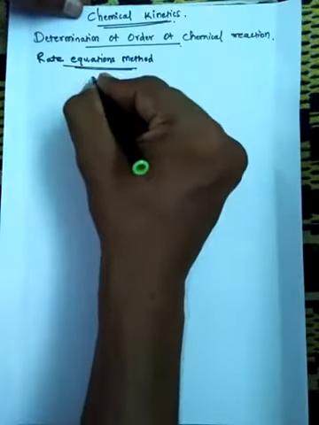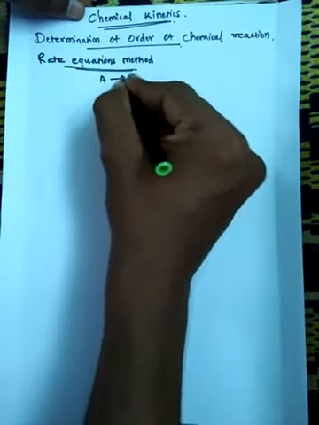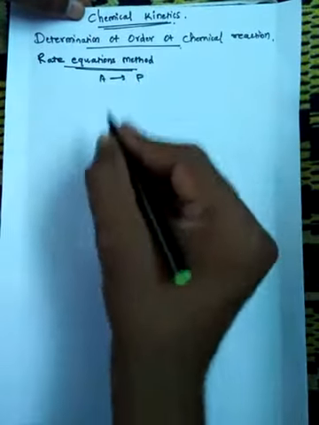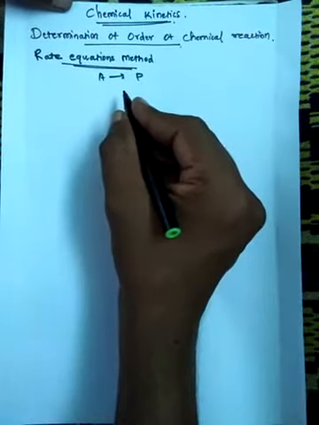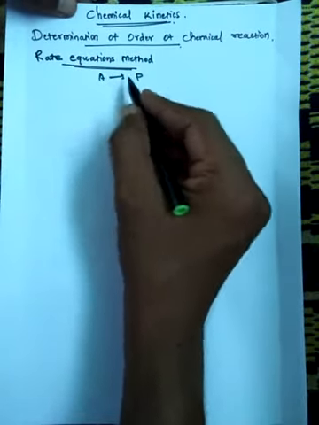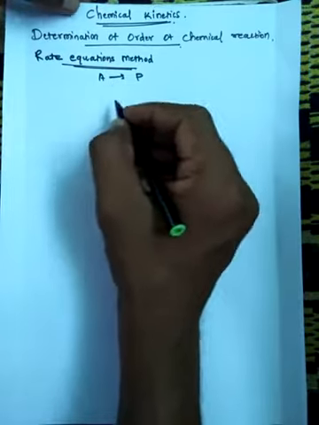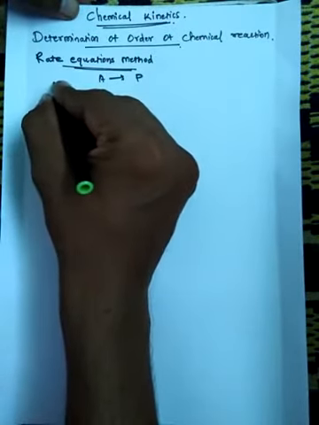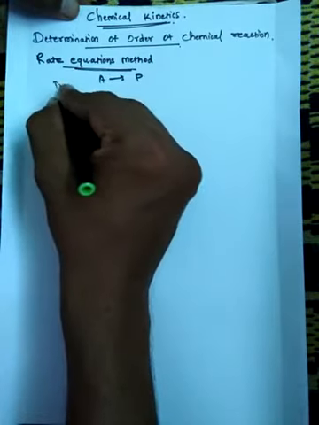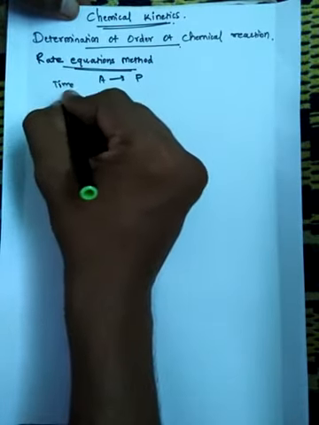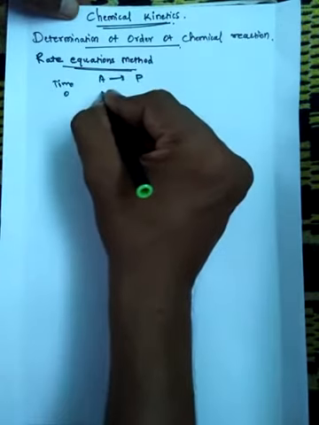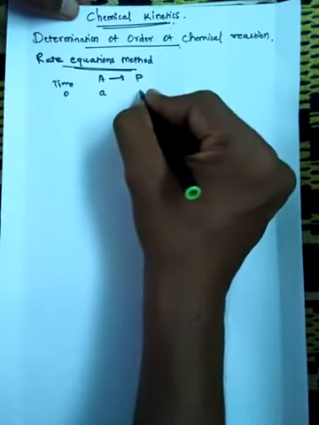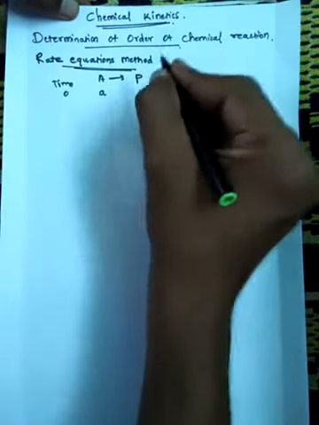Let me say a reaction of this type, A is converted into product. Here my intention is to find out order of this chemical reaction. What can I do for this? I know at zero time, the initial concentration taken is a mole per liter and the product is not formed, so it is 0.